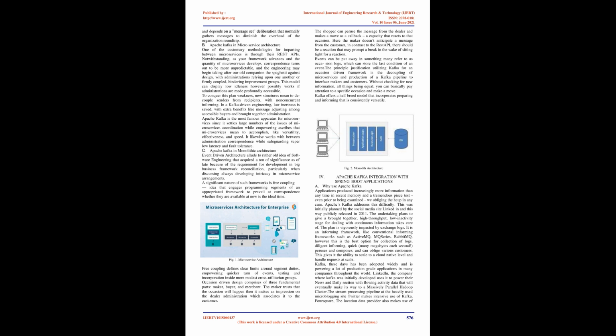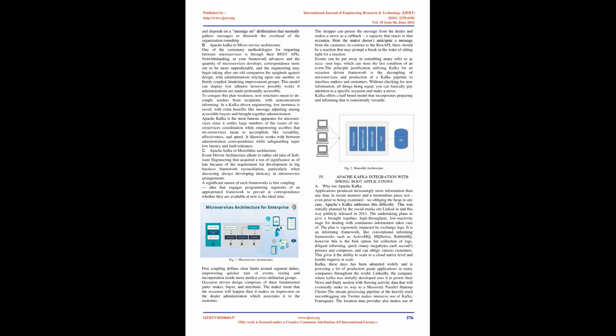Applications produce more and more data than ever before, and a tremendous part is a challenge, even before being analyzed, to accommodate the load in any case. Apache Kafka addresses this challenge. This was originally designed by the social media site LinkedIn and subsequently open sourced in 2011. The project aims to provide a unified, high-throughput, low-latency platform for handling real-time data feeds. The design is heavily influenced by transaction logs.